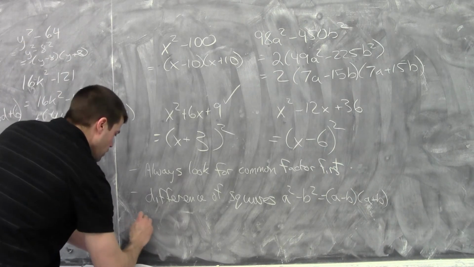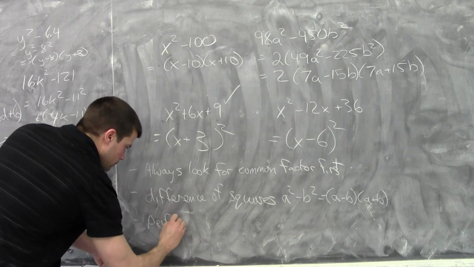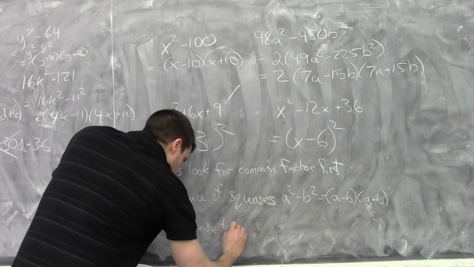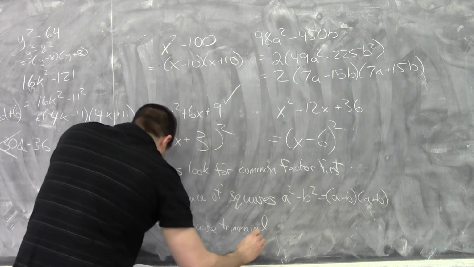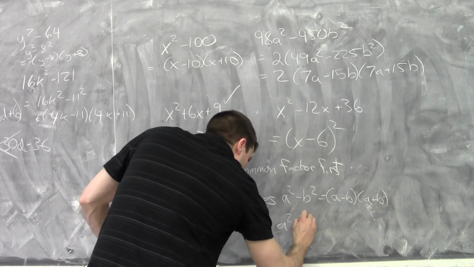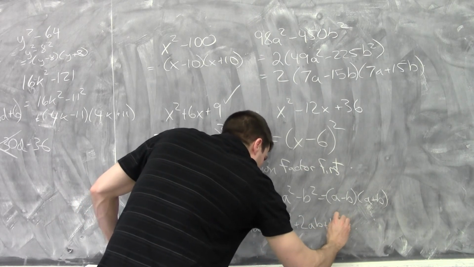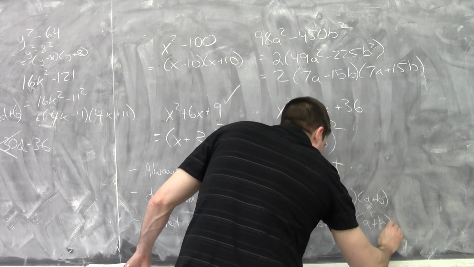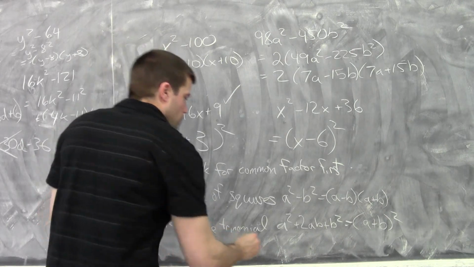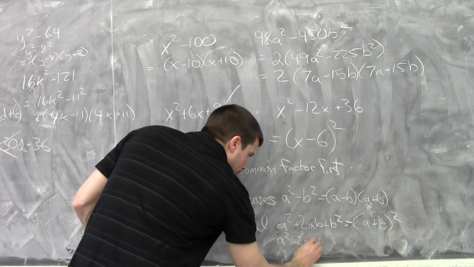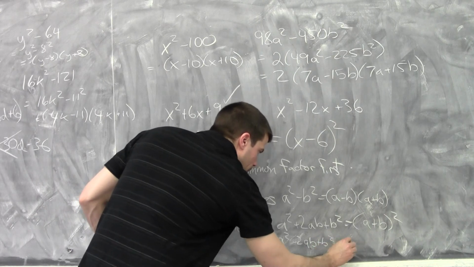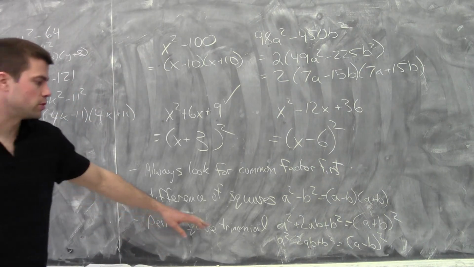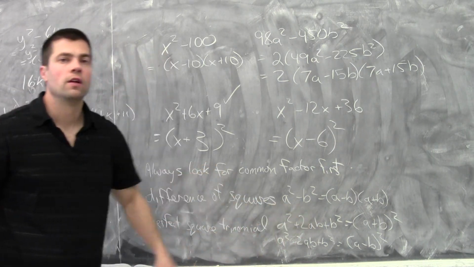Okay, and then finally, a perfect square trinomial. So the two perfect square trinomials, one with the positive and one with the negative, and those are your two results.